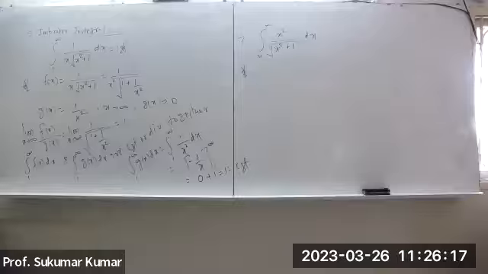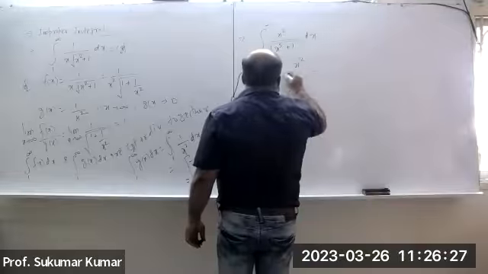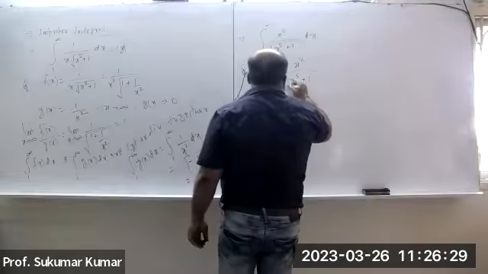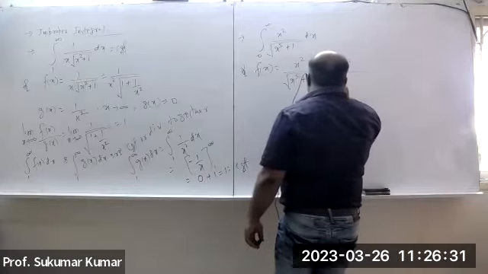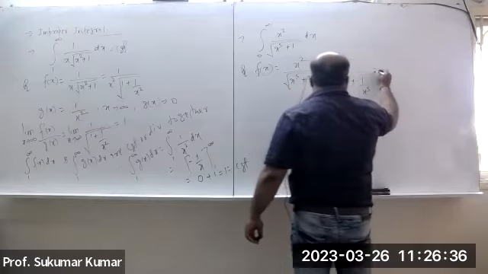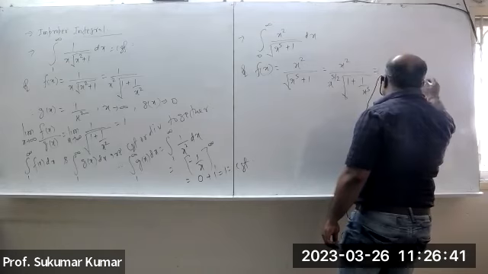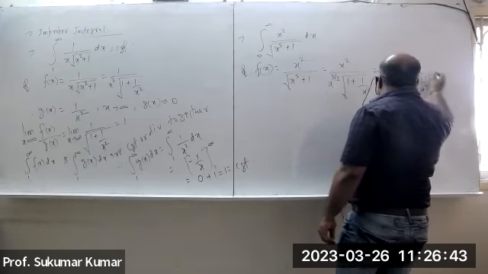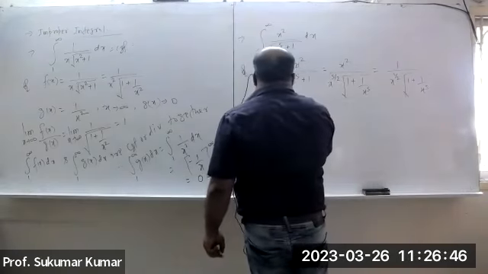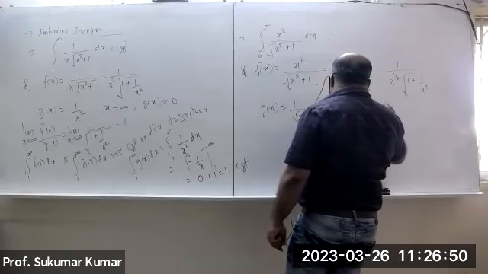Then what will happen? 5 by 2 minus 2 is 1 by 2, correct. So g of x will be 1 by root x as x tends to infinity.